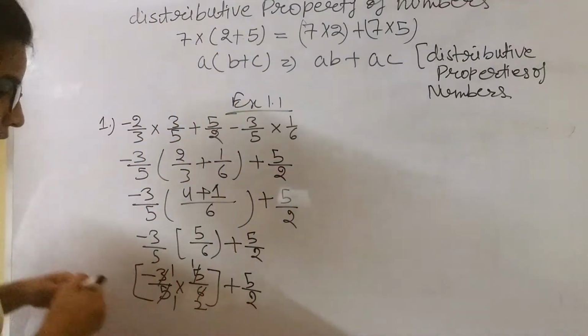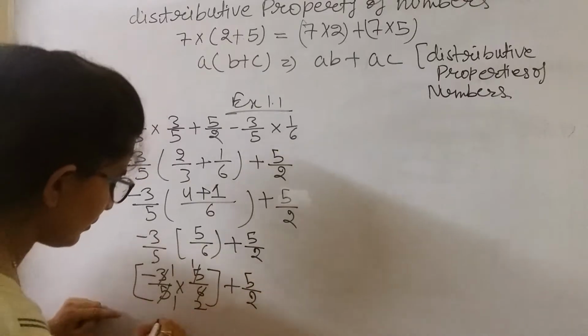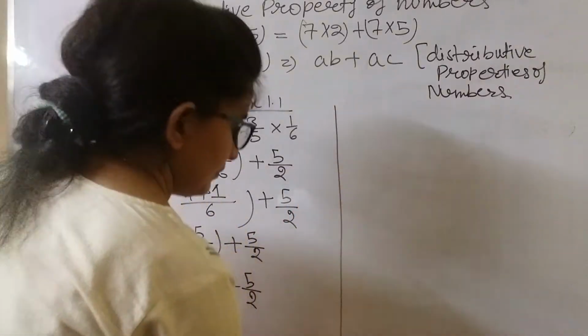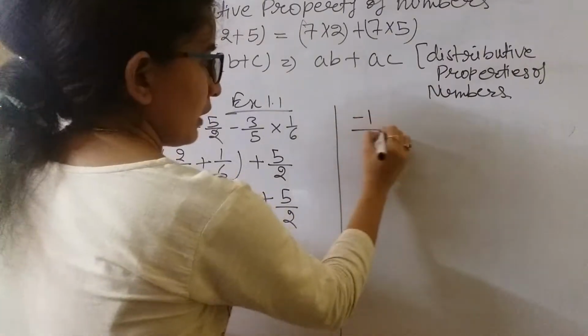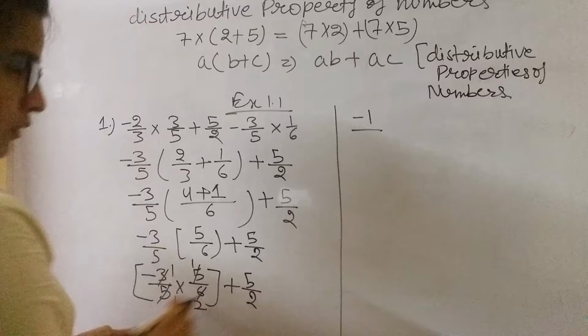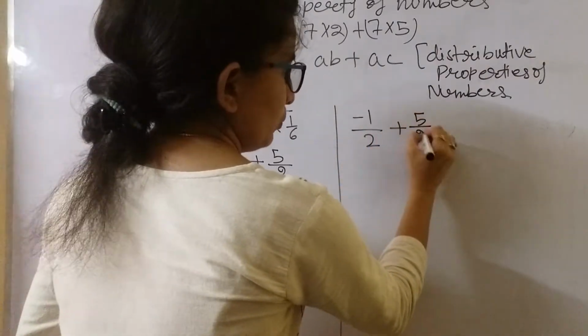So after solving this I get minus 1 upon 2, 1 ones are 1, 2 ones are 2, plus 5 upon 2.